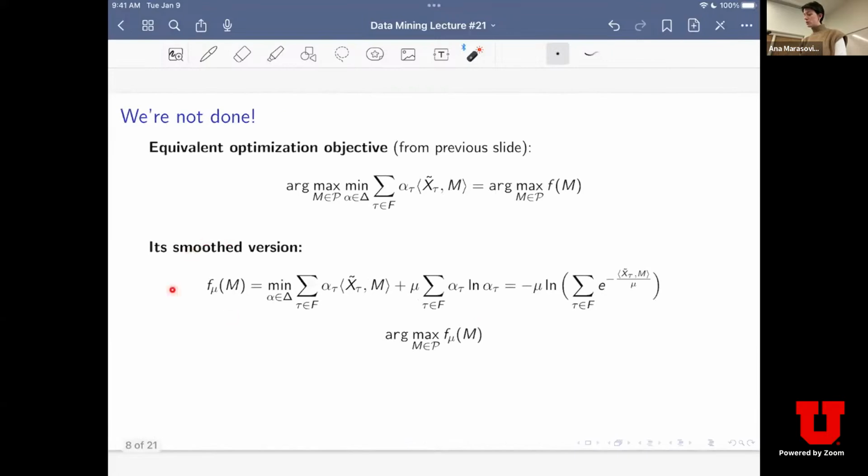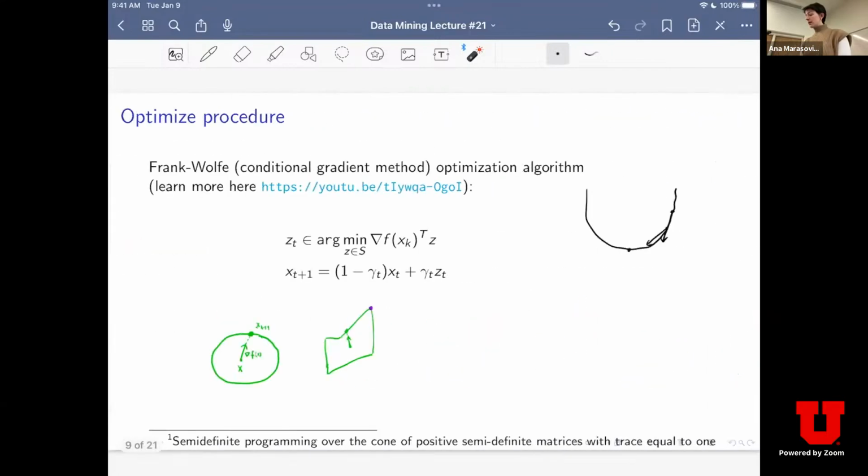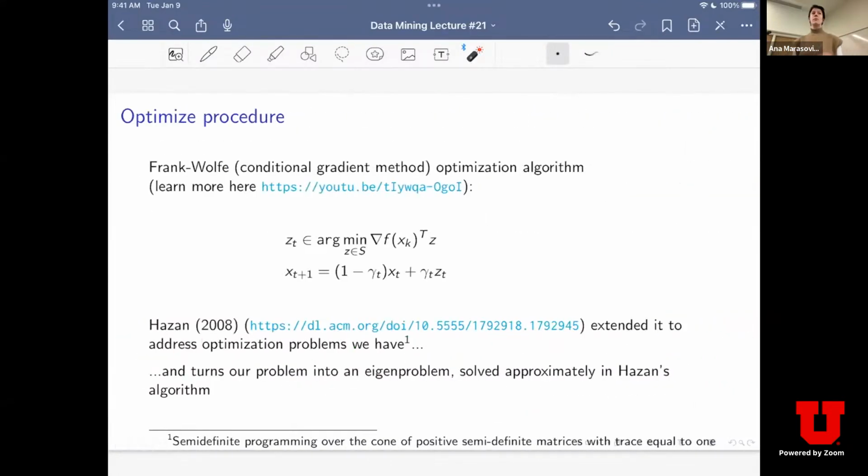Not exactly that, but the smoothed version of it. And this extension introduced in that paper will introduce some eigen problems. Is this line of what has happened somewhat clear? Again, the purpose of what I'm saying is not that you understand all of that. It would take multiple lectures. It's just to show how we get to the final thing I will show you. All right, I hope it is.